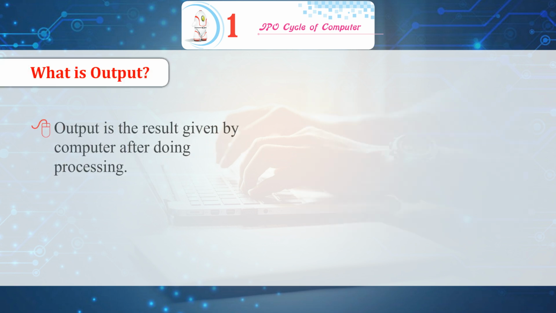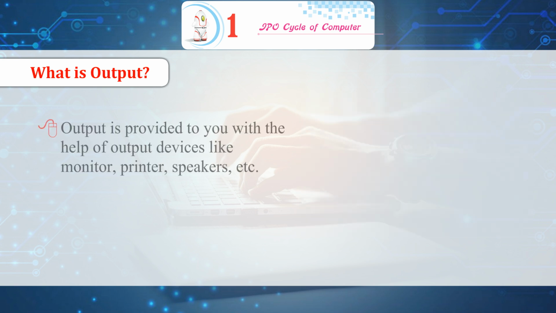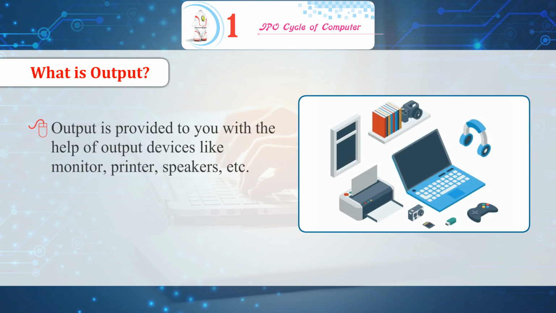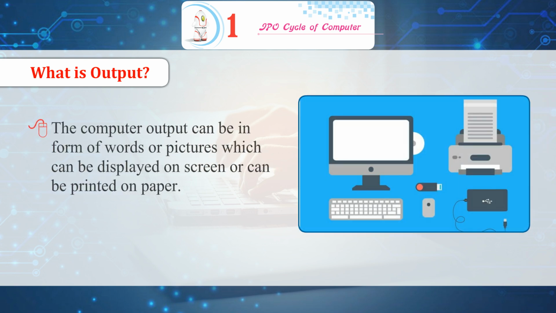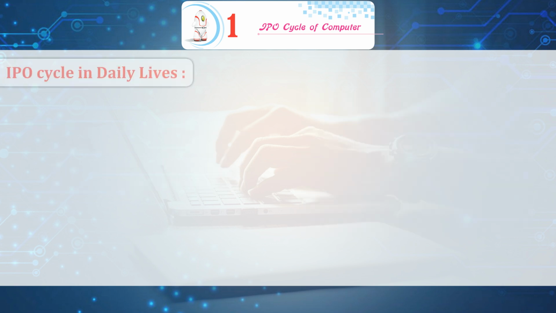What is output? Output is the result given by the computer after doing processing. Output is provided to you with the help of output devices like monitor, printer, speakers, etc. The computer output can be in the form of words or pictures which can be displayed on screen or printed on paper. Thus, it is clear that to get output, you first need to give input and then the input is processed to get the desired result, which is output.